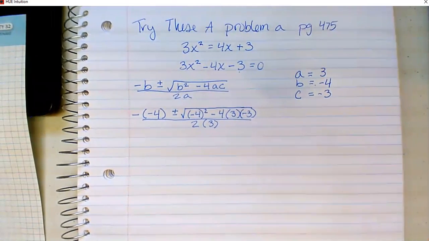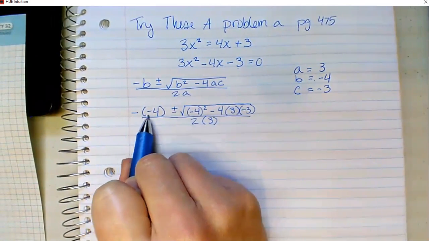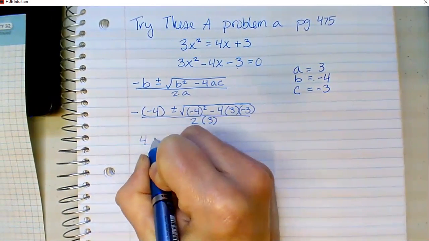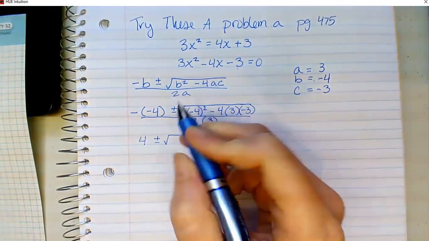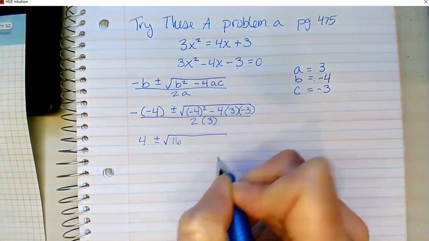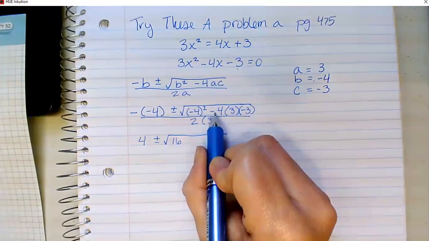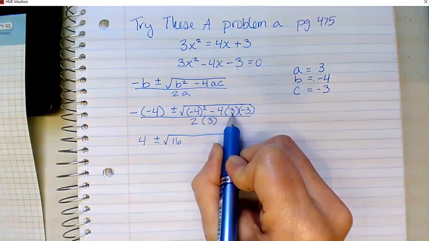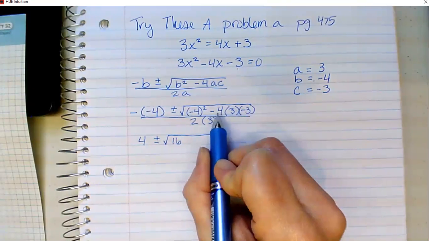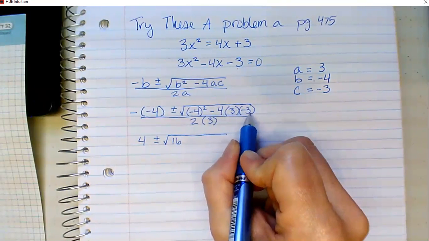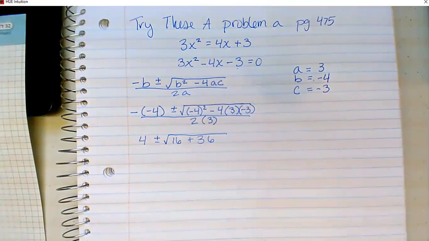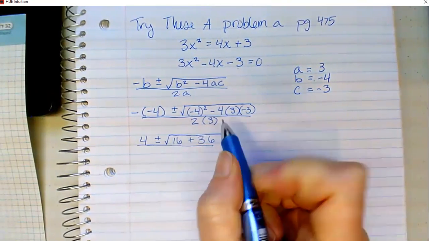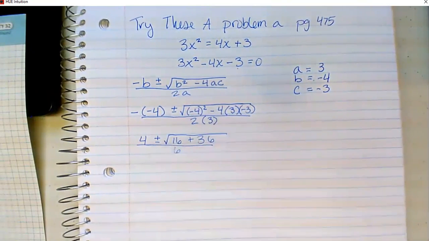Simplifying: negative 1 times negative 4 gives us 4, plus or minus the square root of negative 4 squared, which is 16. Negative 4 times 3 is negative 12, and negative 12 times negative 3 gives us positive 36. Next, we divide all of that by 2 times 3, which is 6.